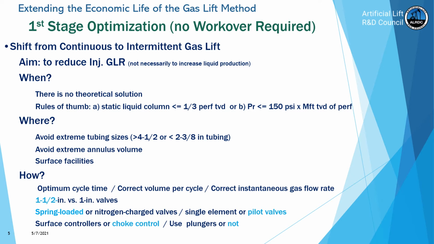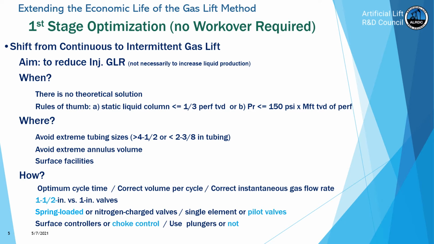Now, there are two ways that we can control the cycle time in order to achieve the optimal cycle time. One is called choke control, and the other one is surface control, using a surface controller. Now, what is choke control? In choke control, we let the pilot valve do all the work.